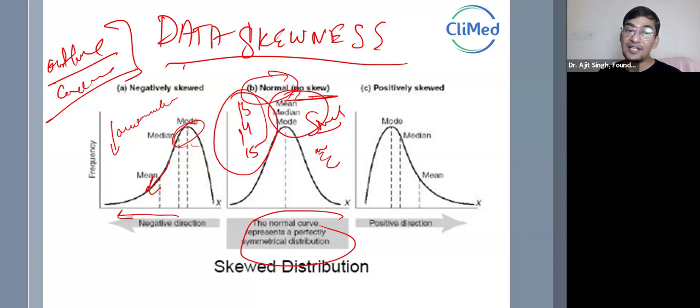In positive skew, the outliers are in the positive direction, so the mean will be higher and the mode and median will be less. As I told you, in the class of 10 people, if one is 48 or 46, this is the positive direction. The example I gave you of the malnourished girls is the example of negative skewness.